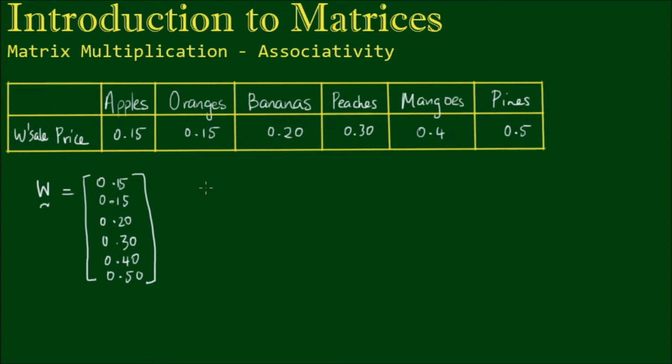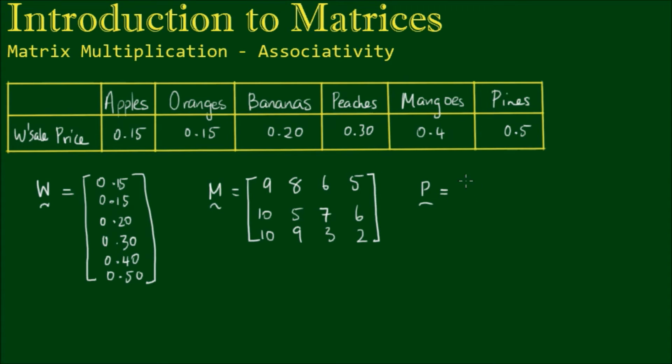And from our previous example, we have the M matrix, which represents how many of each package we sold in the months of July, August, and September. And we also have the P matrix, which details how many of each fruit are in the 4 different packages that we're selling.